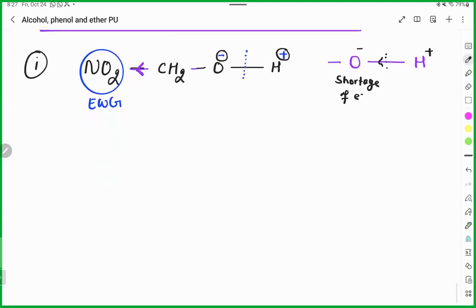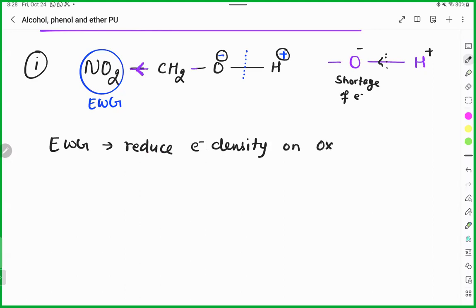Tell me, any doubt or should I explain this again? Sir, the last part, sir. The shortage of electron. So once we withdraw electron, can we say the electron amount on the oxygen will reduce? Yeah, sir. So an electron withdrawing group will reduce electron density from oxygen.